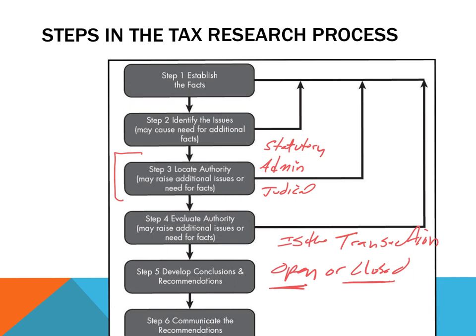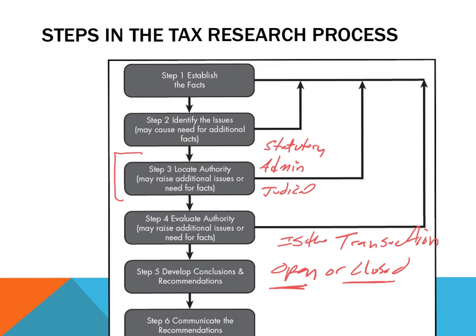All right. And then the final step is communicate the recommendations. This really is probably, I was going to say it's the most important step, but I'm going to rescind that because obviously you have to do good research and make sure that you find the appropriate answer and the appropriate authority.